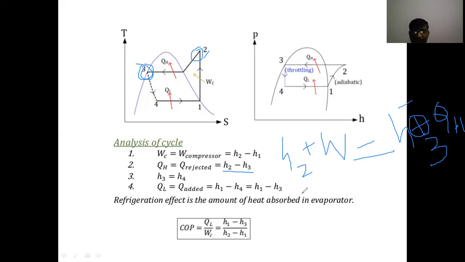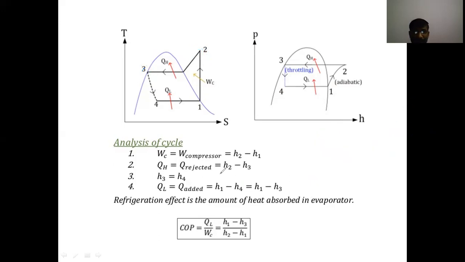So no work transfer takes place during the process 2-3. Therefore, QH is equal to H3 minus H2 or H2 minus H3. We can write whichever is the higher one. H2 is higher than H3. That's why we take the amount of heat rejected as positive. That is the amount of heat rejected, the value we want, which is H2 minus H3.